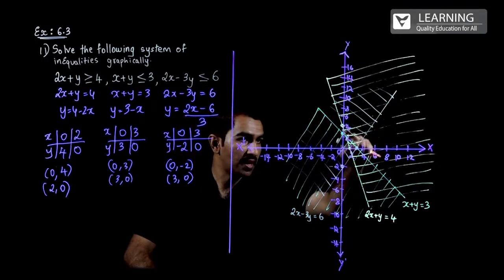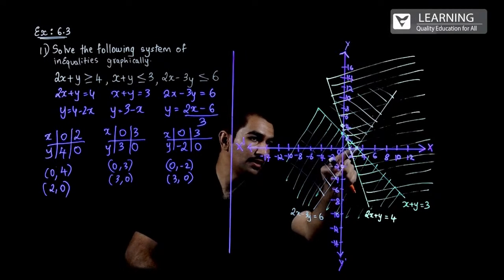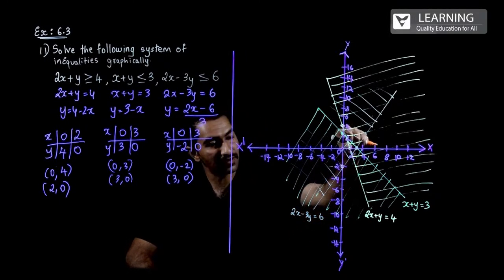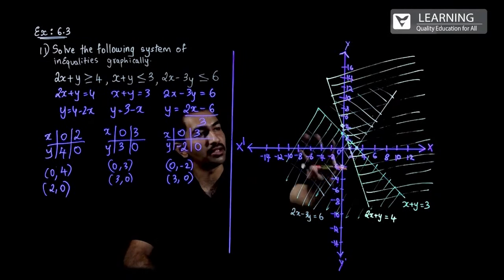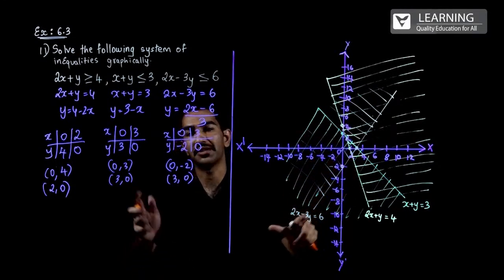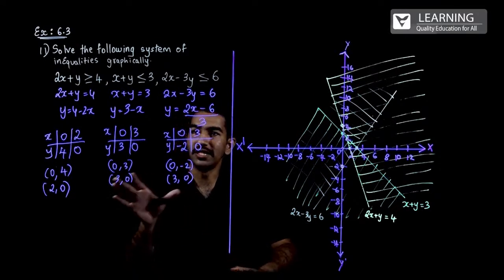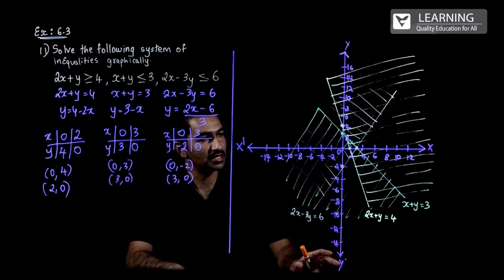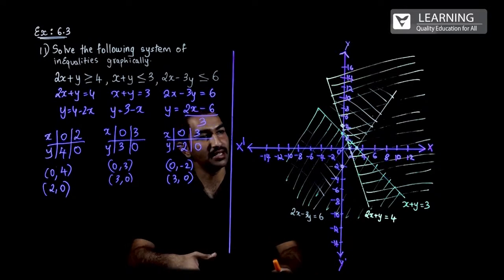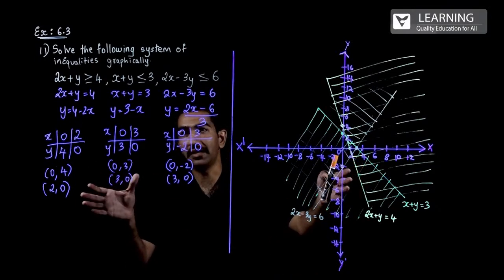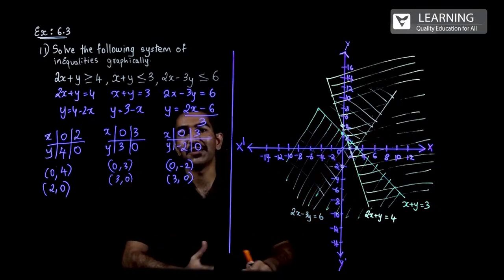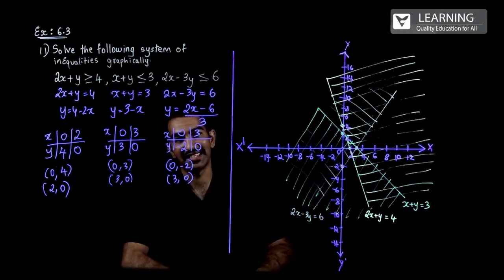Now if you see this part, see this triangle, I think you can see that. So that is the graphical solution for the given pair of linear inequalities. Understood? So follow these steps: plot the points, join those points with a straight line, and based upon the inequality given, you have to shade it. That will be your graphical solution. Moving on to the next question.